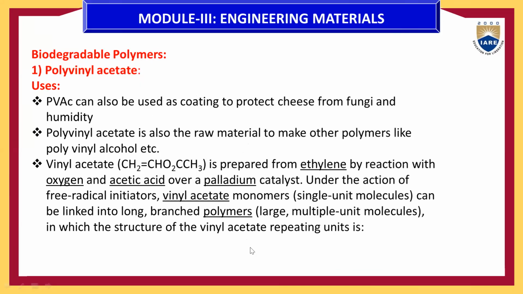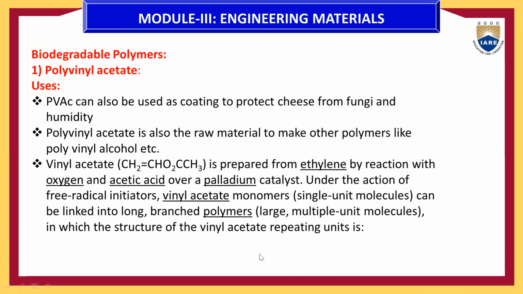Polyvinyl acetate is also used as a coating to protect cheese from fungi and humidity, and as a raw material to make other polymers like polyvinyl alcohol.